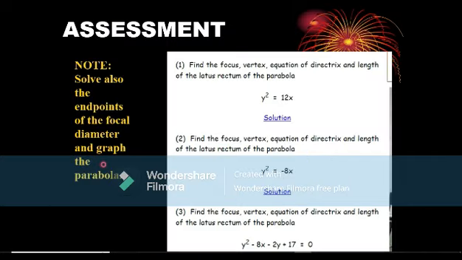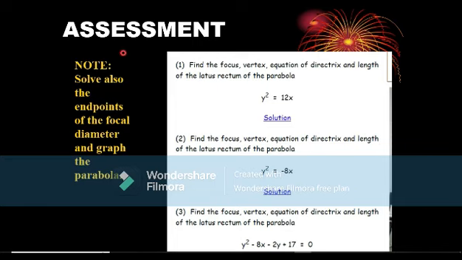Okay. Now, let us proceed to the assessment. I hope that you understand more when I give you more examples and different problem solving or different word problems.